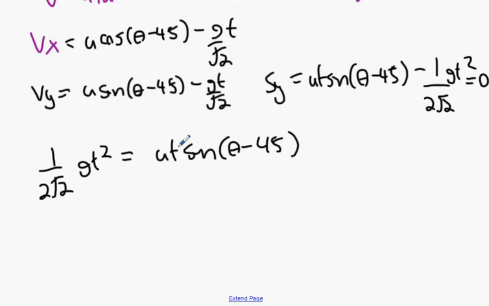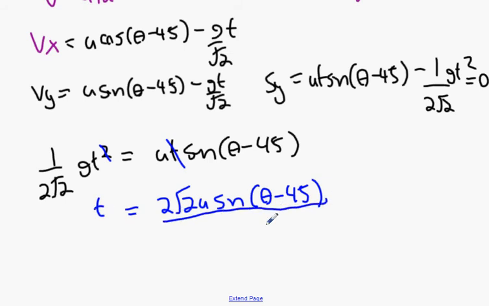I'm going to cancel that t with that t there. I'm going to multiply up to 2 root 2. 2 root 2 u sin(theta minus 45) equals t all over g.